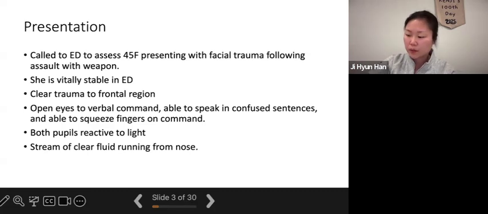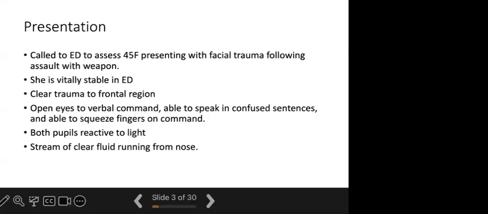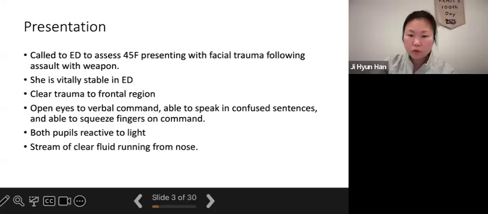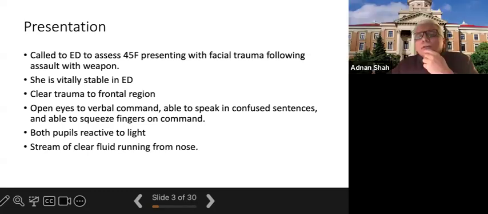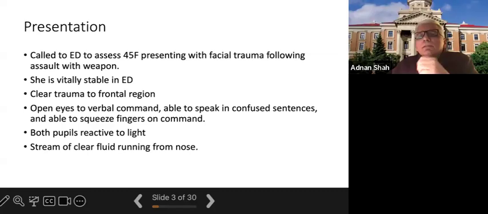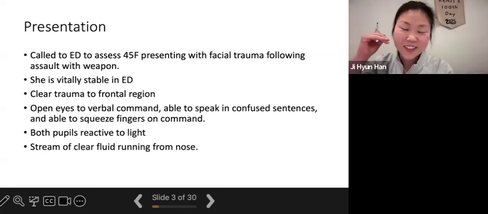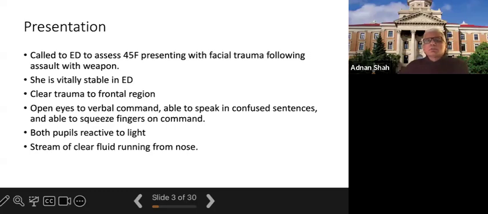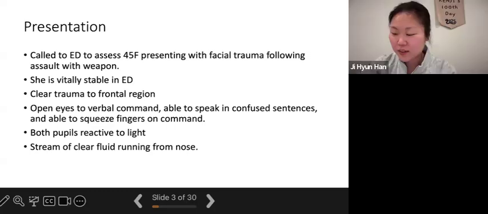They're coherent, then oh yeah, confused is 4. And then for squeeze on command, motor is 6. Sorry, I'm going to have to review it. That's okay, that's fine. So the GCS is in total 13. 13. Good.